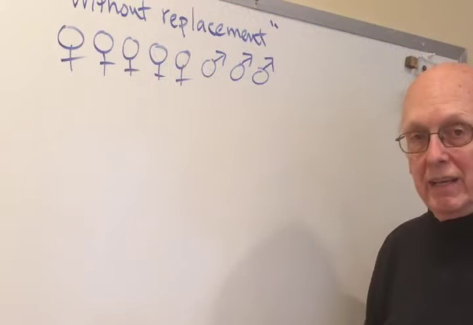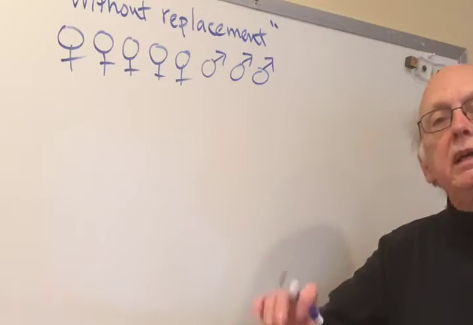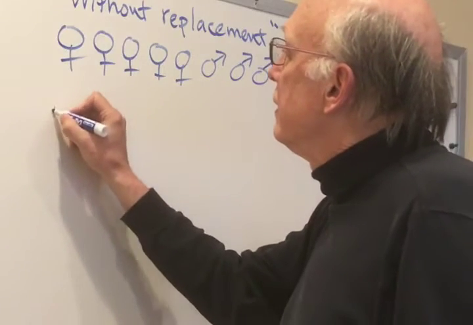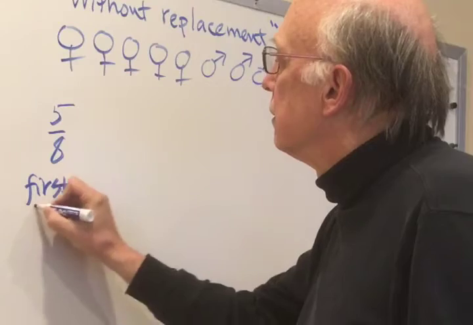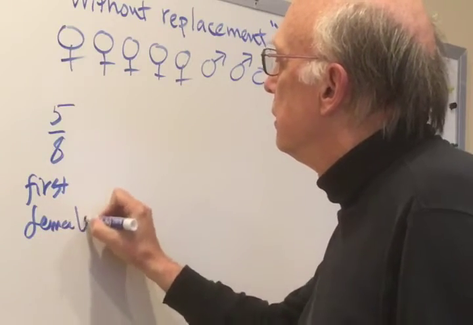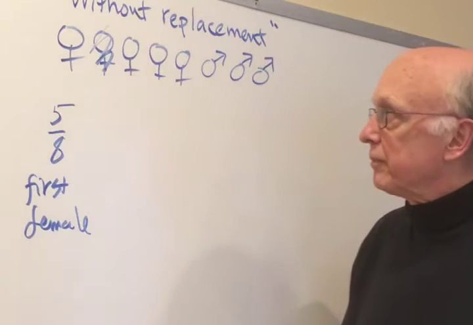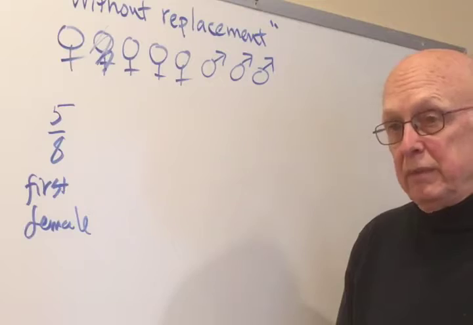The approach we're going to take is to do them one at a time. So what's the probability that the first one is female? That is clearly 5 out of 8. And so we've gotten rid of one of these that has been chosen. What's the probability that the second one is female?